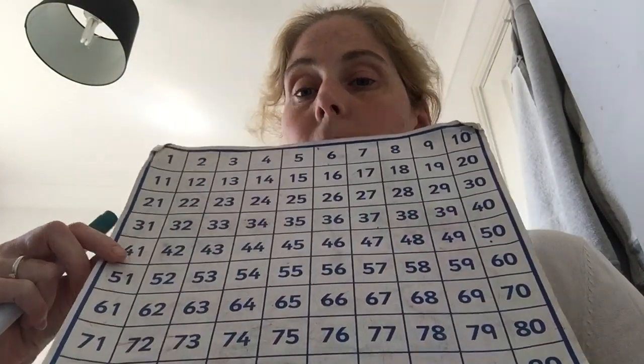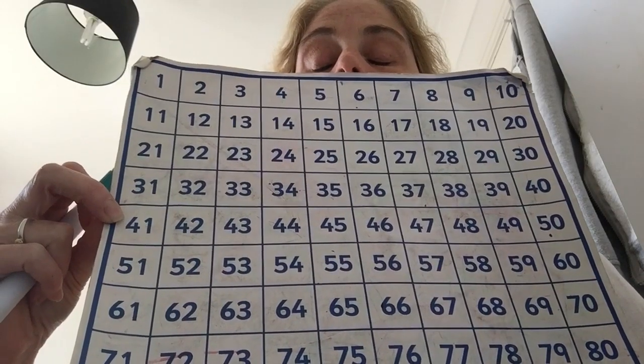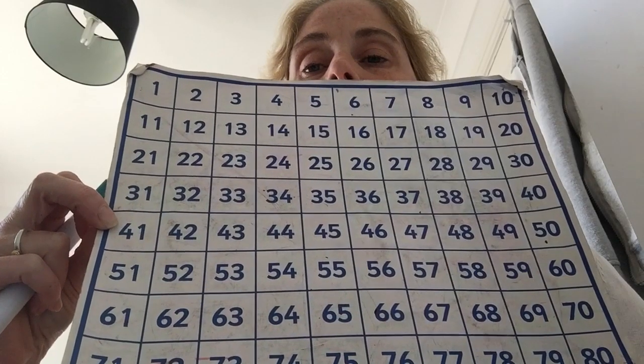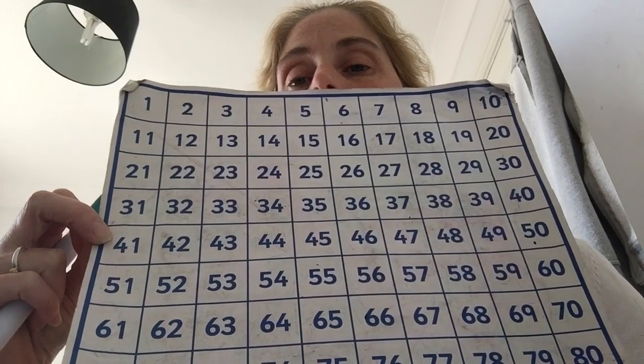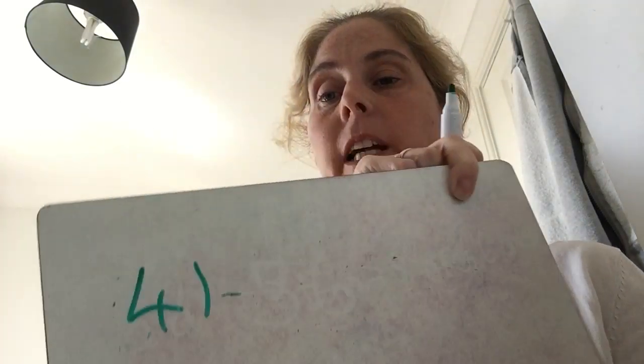I'm going to point to a number. Are you ready? I'm going to point to this number here. So looking at that number, have a think, tell the adult that's with you how many tens, how many ones. Think carefully about where the ones always come and where the tens always come. So if I had to write that number on my whiteboard, I'd have the same number.